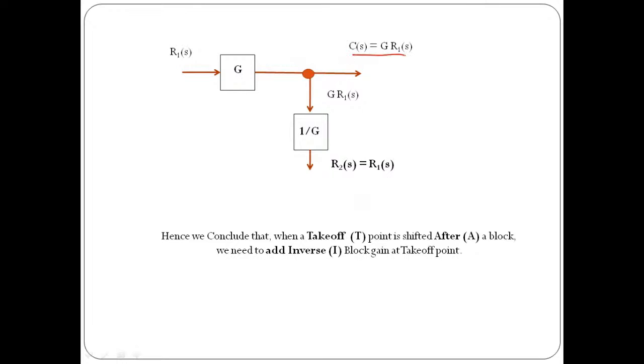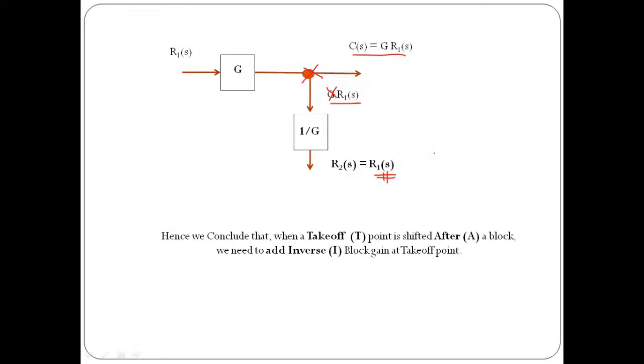That is nothing but G times R1 of S. Now, here we are going to tap the feedback signal from this particular point, and it is going to be G times R1 of S, but we don't want this G. So we need to add inverse block gain in the path of feedback signal. So this G will get cancelled and you will get R1 of S as the final value of feedback signal. That is important. So R2 of S is going to be like R1 of S.